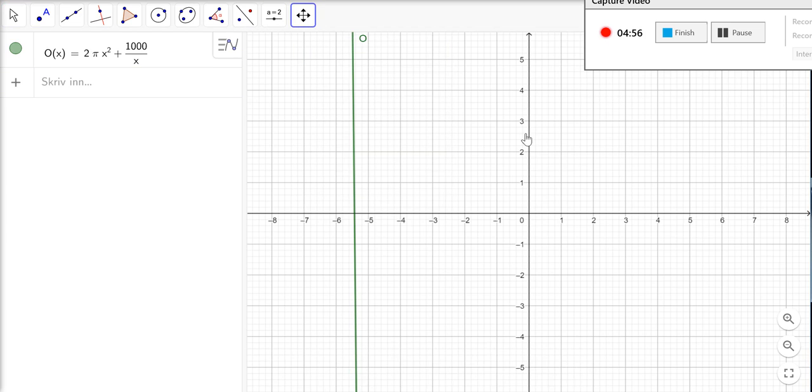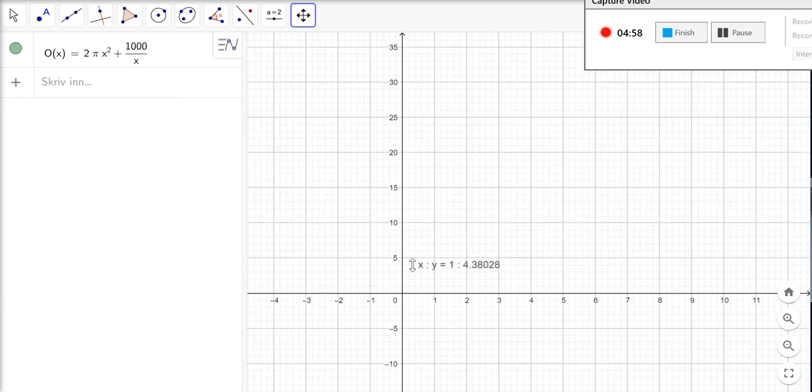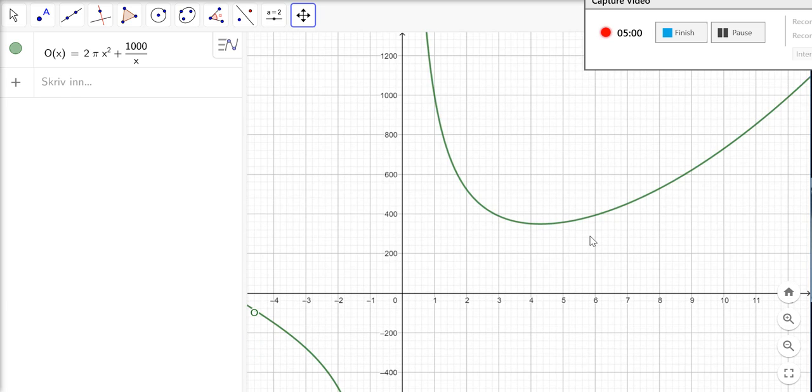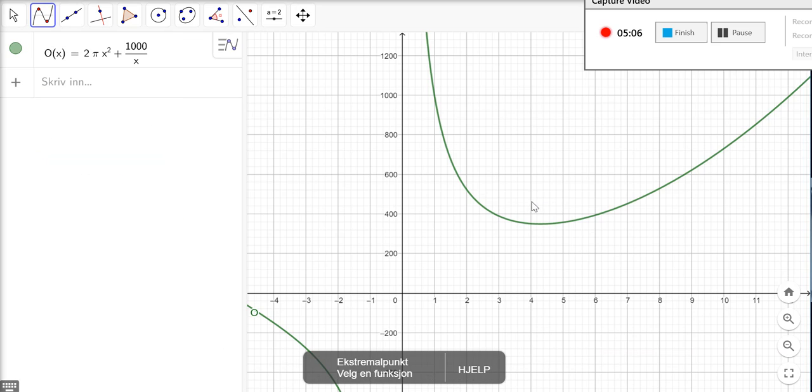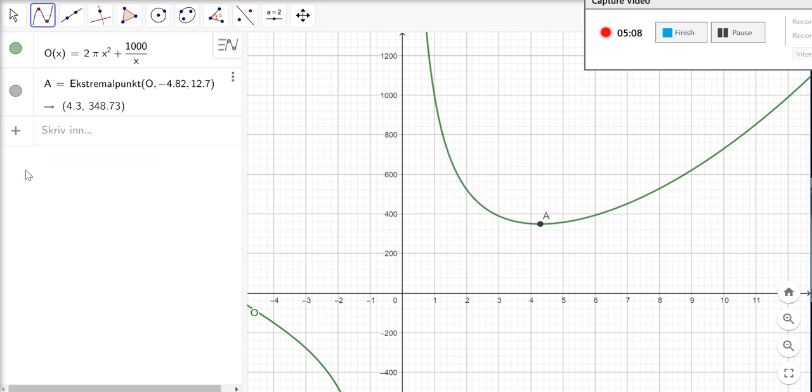Like this. Let's see if we can find the graph here somewhere. There we have it, and we want to find the minimum point, so I just press this, and I just press on the graph. There we have the minimum point. Remember, it's important in these exercises, what is x, what is y.